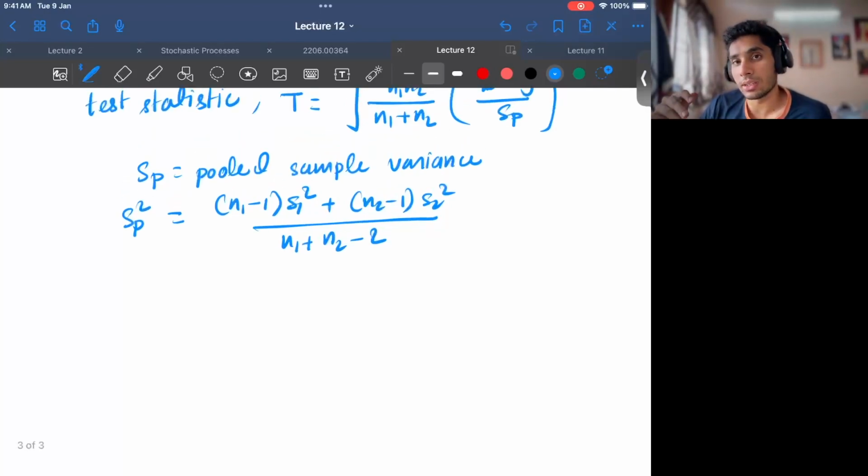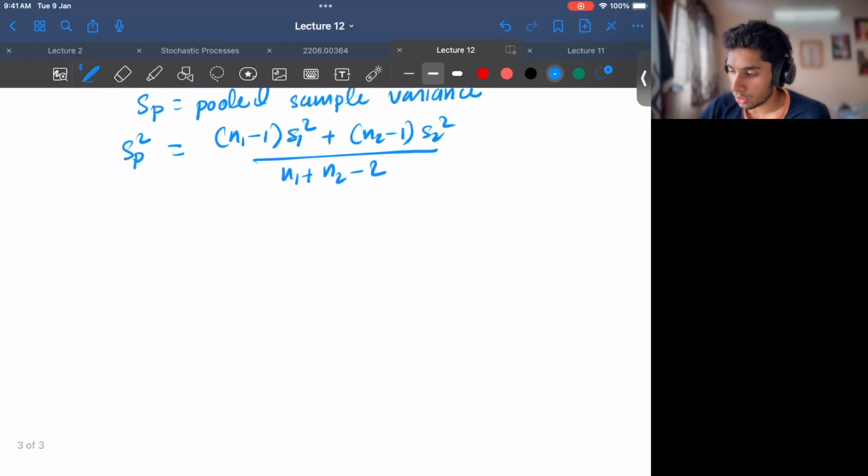Since N1 and N2 are not equal, you cannot take the sample variance as it is. You need to adjust the sample variance, and the way to adjust the sample variance is like this.